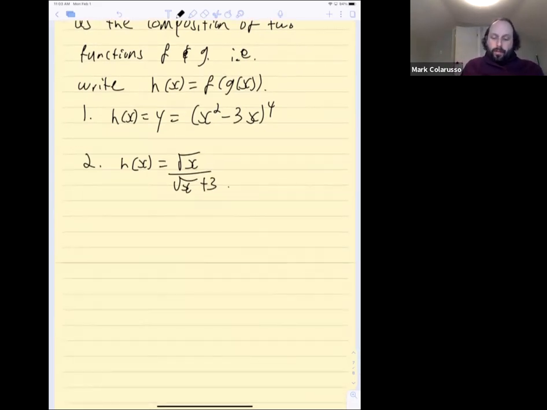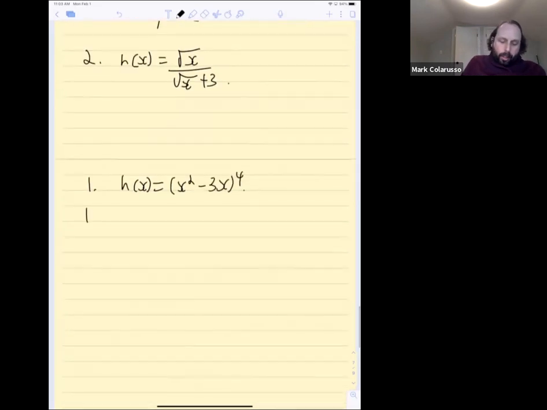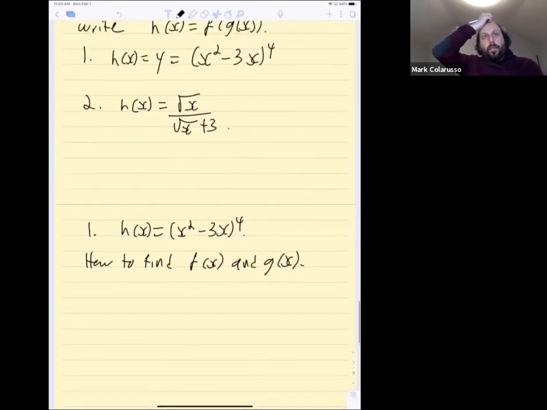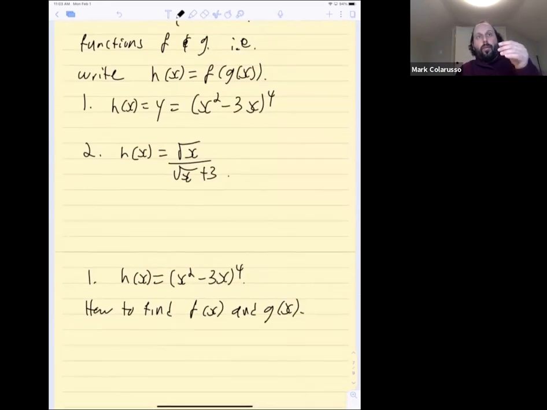Okay, so let's talk about number one first. How do I figure out what the f and what the g are? So how to find f and g? Okay, so what does it mean that this h is a composition of f and g?